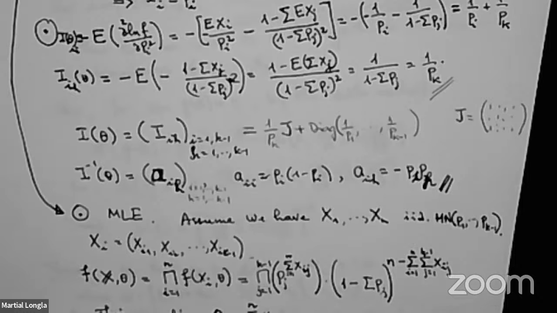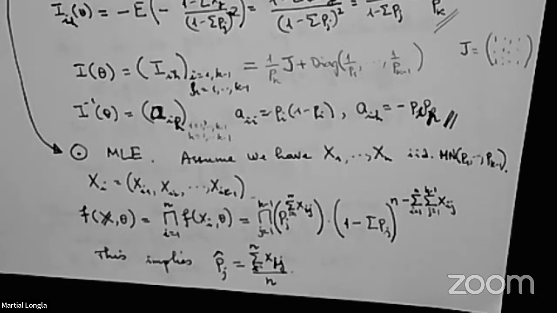And so that's what you get as the likelihood function. And here I just wrote that when you have this likelihood function, it implies that pj hat is equal to the sum of the xij's over i divided by the sample size n. If you want to check this, you can take the log likelihood and solve that to get this, but I'm not going to take time to do that.